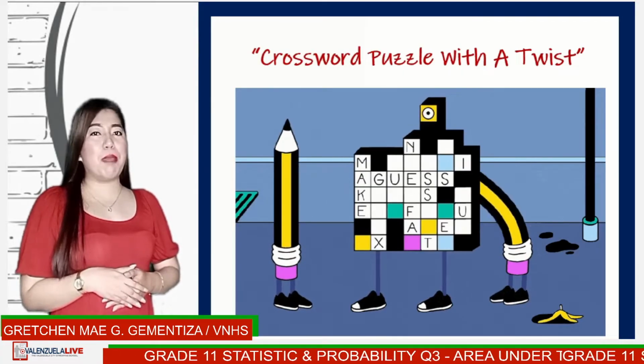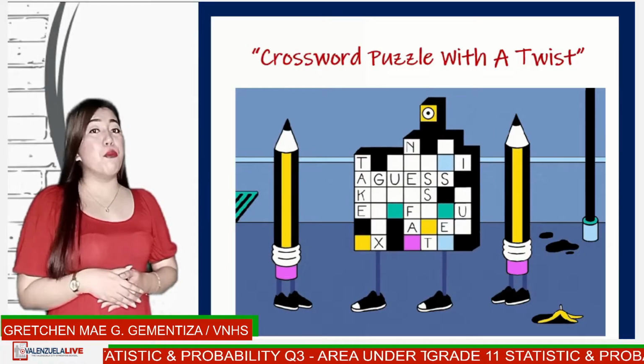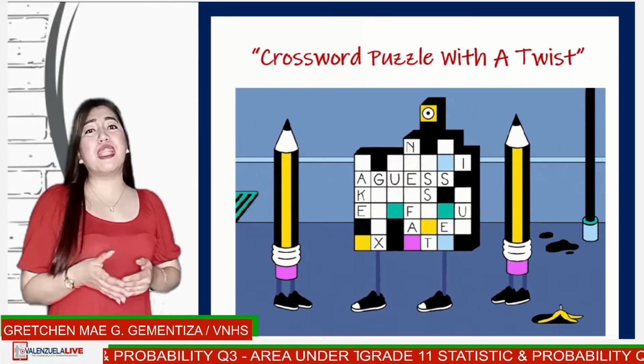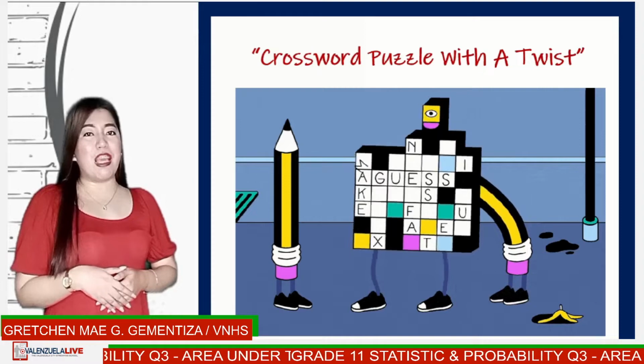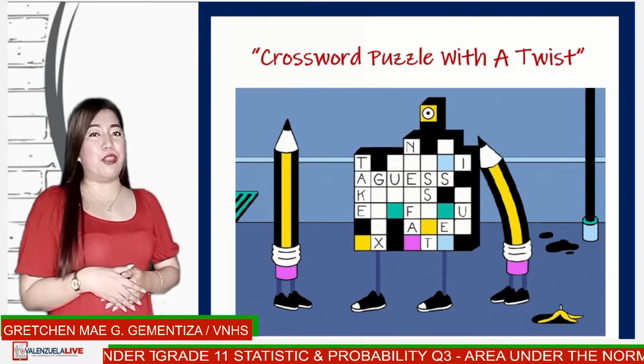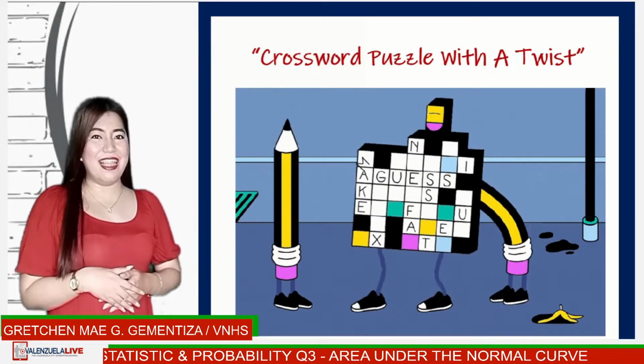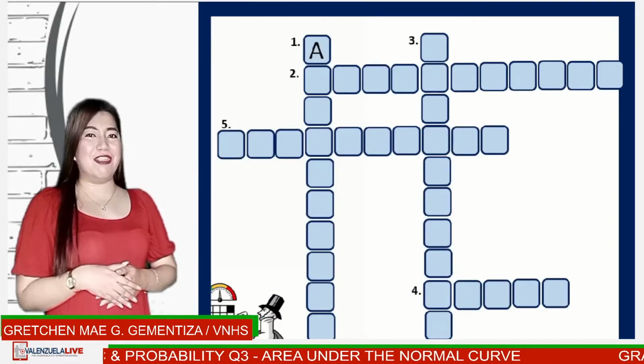After flashing the picture, the 10 seconds timer will count. Remember that a word can only be formed by a continuous horizontal or vertical row of letters in the crossword puzzle. Are you ready? Let's begin.